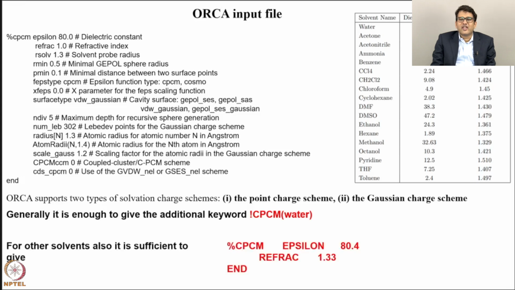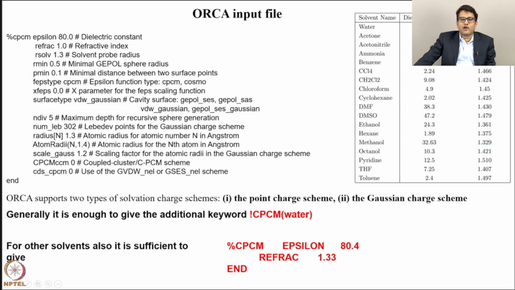If you want to change to another solvent, generally it is sufficient to give the epsilon and the refractive index value, which you can find in the literature, and then you can do the calculation. For most cases you do not need to specify these values, and generally it is not a good idea to tinker with them. Most of the time the default values are good enough.